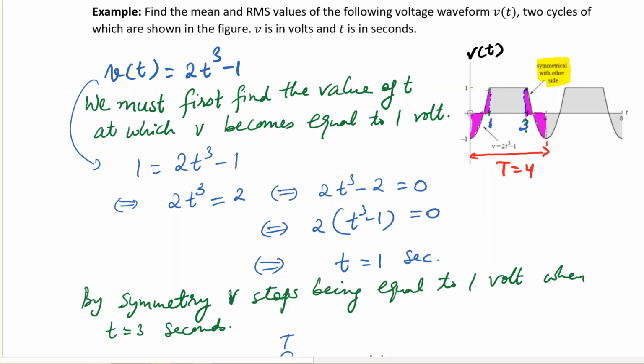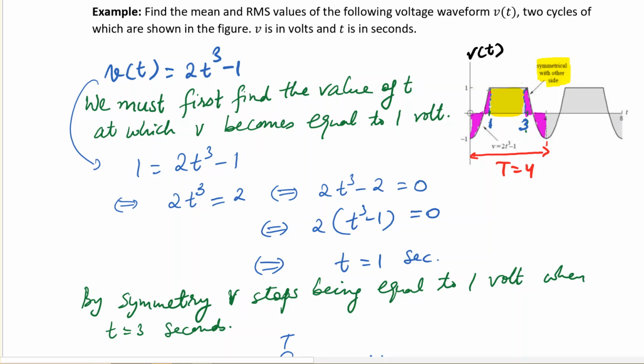And then for the rectangular part, this area is just 2, because from 1 to 3 this length is 2 and the width of the rectangle is 1, so the area of this rectangle is 2 times 1, which is just 2.